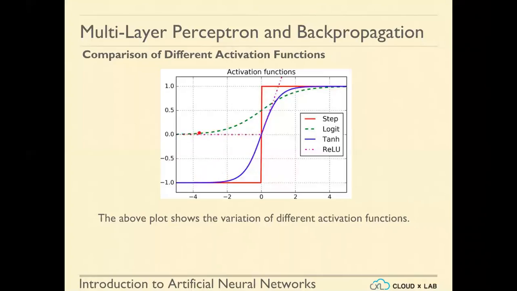The logistic function varies between 0 and 1, while tanh goes from -1 to 1. And this is the ReLU. You see here, like an elbow. Till here the value is 0, and from here it is basically the actual value.